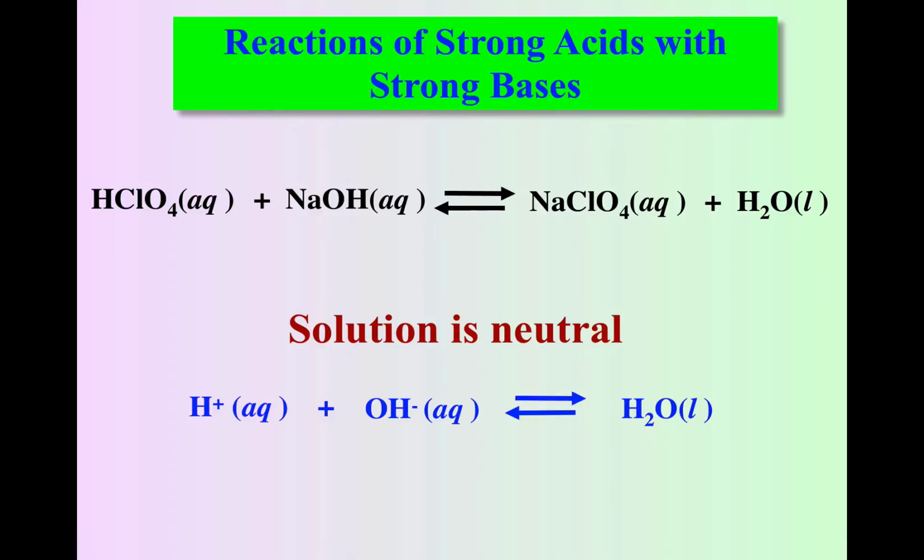And in essence, the perchlorate ion is a non-base. Perchlorate is the conjugate of perchloric acid, so it has no basic property. Sodium ion has no acidic property. So in the end, H plus ions react with hydroxide to form water. In the end, you're left with water. Nothing in the solution is going to affect the pH except autoionization of water.